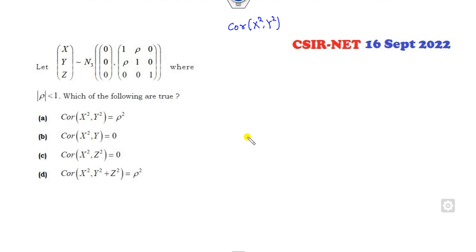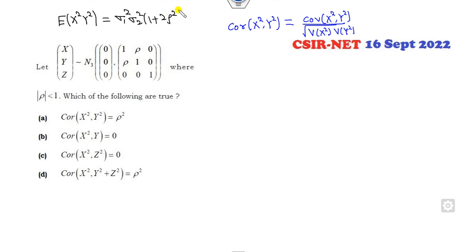Before that, I will tell you the simple shortcut tips. I can define this as the covariance of x square, y square divided by the variance of x square and the variance of y square. Remember, there are several methods, but if x and y have a bivariate distribution, then this value will be the one here.